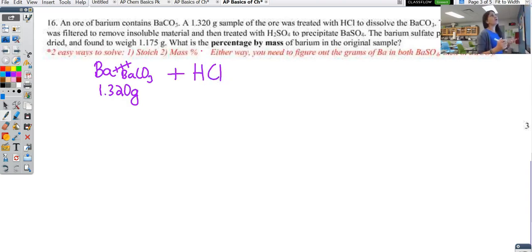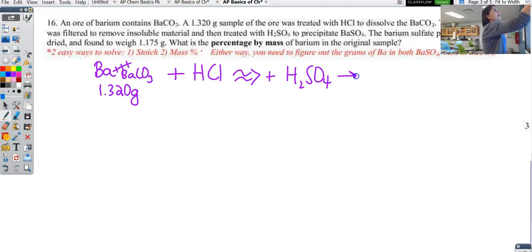And then it says it dissolves the BaCO3. The resulting solution was filtered to remove insoluble material, and then it was treated with H2SO4. So some stuff happened to it, and then we end up treating it with H2SO4. After they treat it with H2SO4, they precipitate out BaSO4.